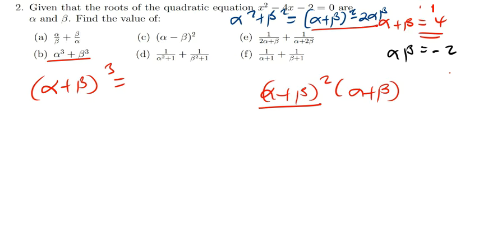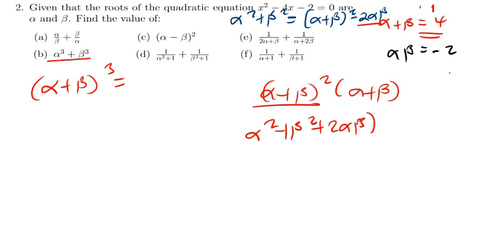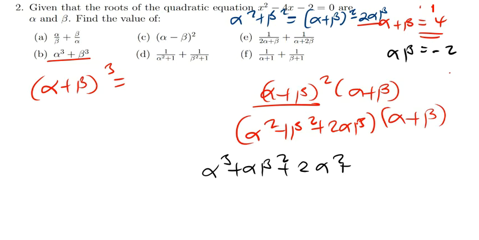Okay, but remember we say that this one, after expanding, we are shifting to the other side, which is going to be alpha squared plus beta squared, then plus 2 alpha beta. So we are multiplying this by alpha plus beta. If I do this one by one, we realize that we have alpha times alpha is alpha to the power 3, alpha times beta squared is alpha beta squared, then alpha times 2 alpha beta is 2 alpha squared beta.